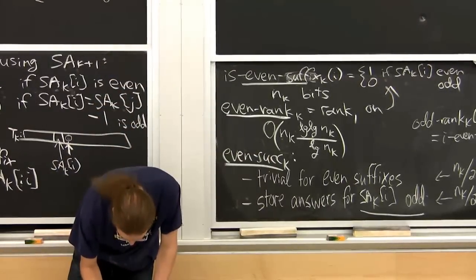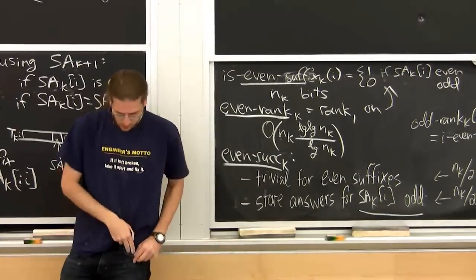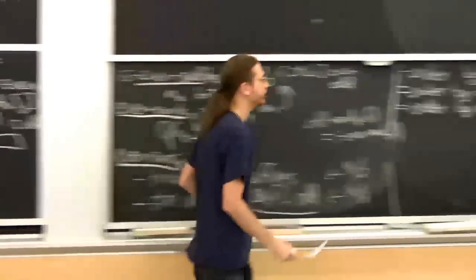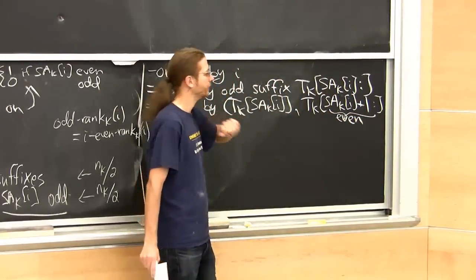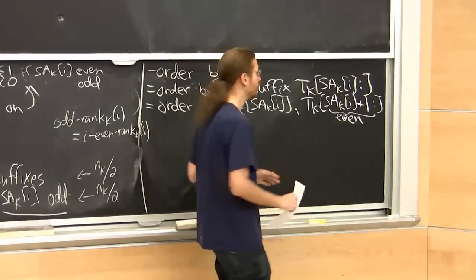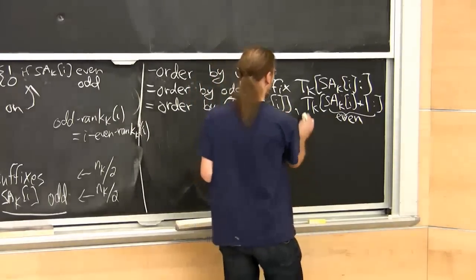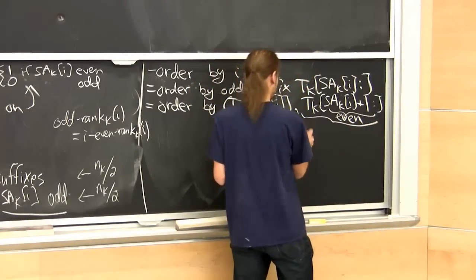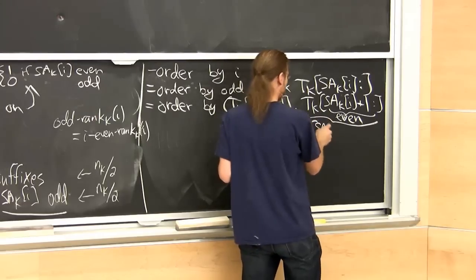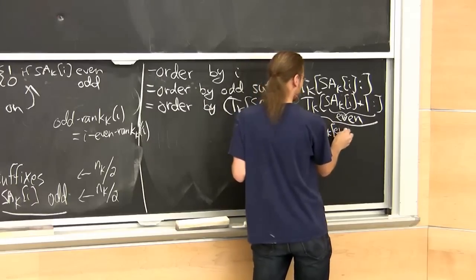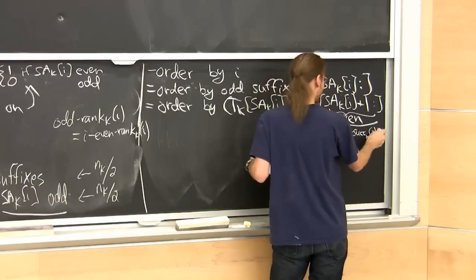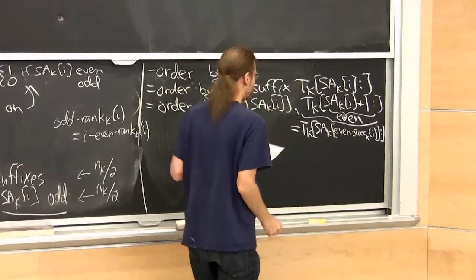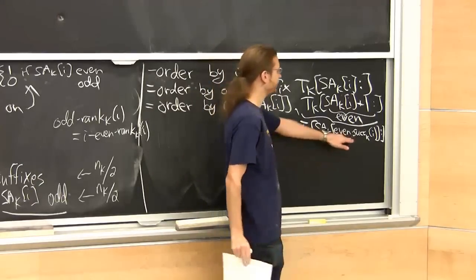If we follow SAK and then we add 1, if we follow SAK backwards, that was the definition of even successor. So I can rewrite this part as TK SAK of I, comma, even successor. Right, that was the definition of even successor.